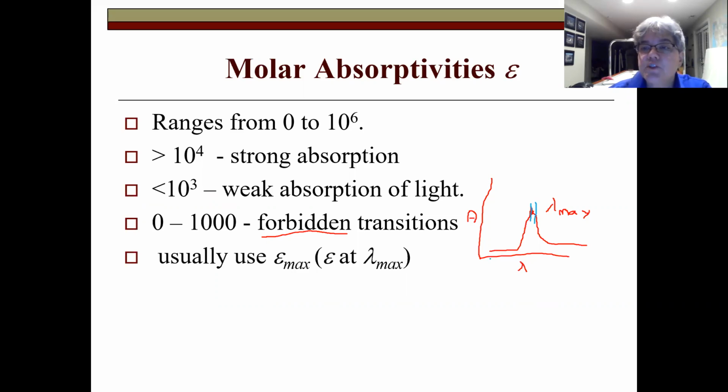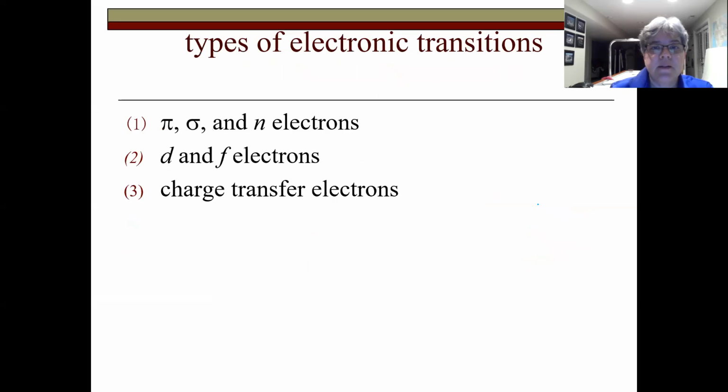And so I measure up there at the top because that means the molar absorptivity at this value and the molar absorptivity at this value should be pretty close to the same so that we get a linear calibration curve. So the second reason I always use lambda max is so that I will follow Beer's law. So that's molar absorptivities.